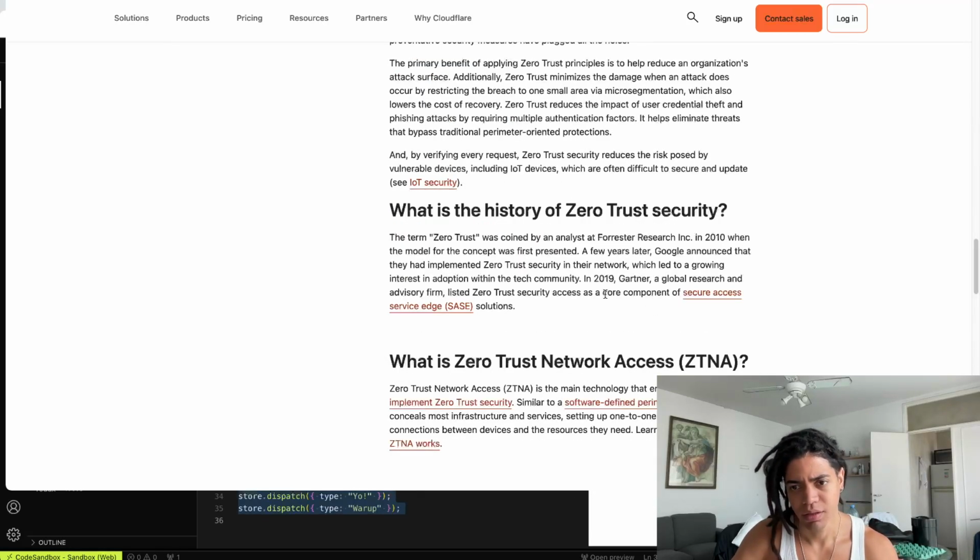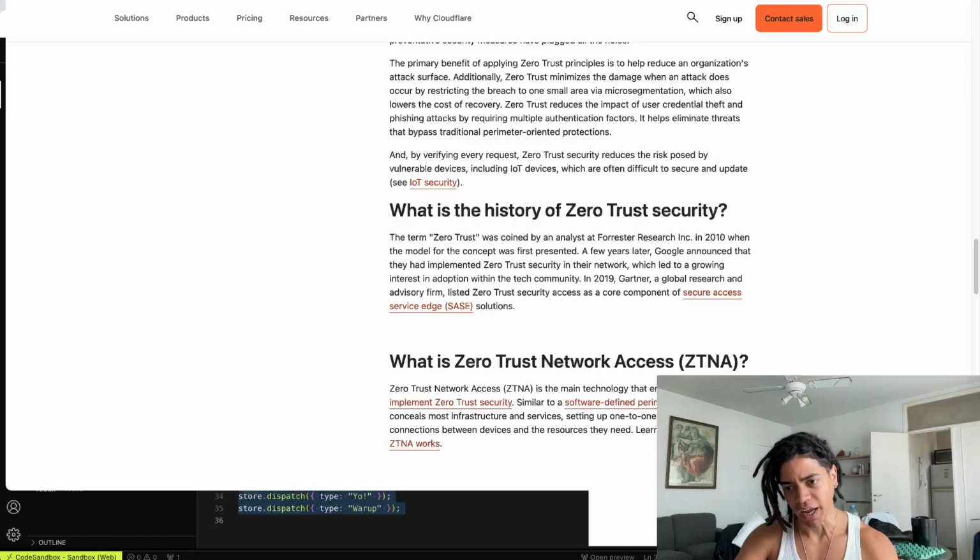All right. So the term zero trust policy was coined by an analyst at Forrester Research, which is an IT consulting company that has more than 450,000 customers, where roughly 75% of them are part of the Global 2000.